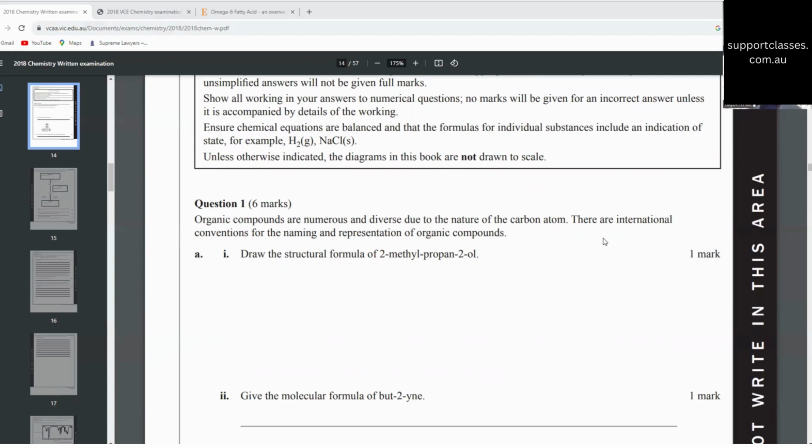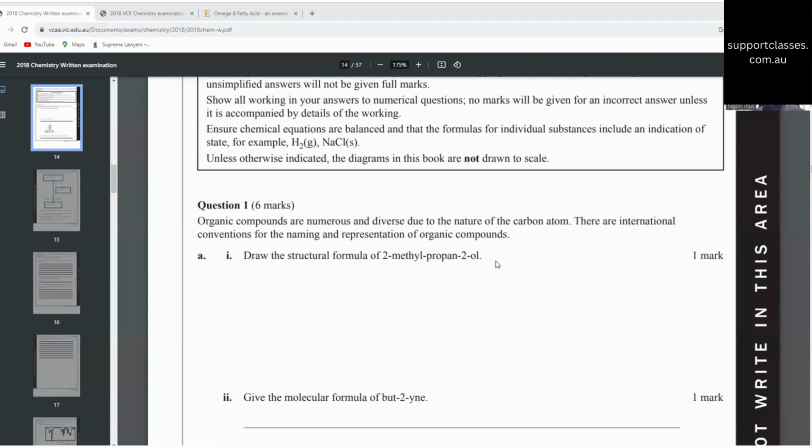The international convention for naming and representation of organic compounds. So draw the structural formula of 2-methyl propan-2-ol. I am pretty sure you can draw it.